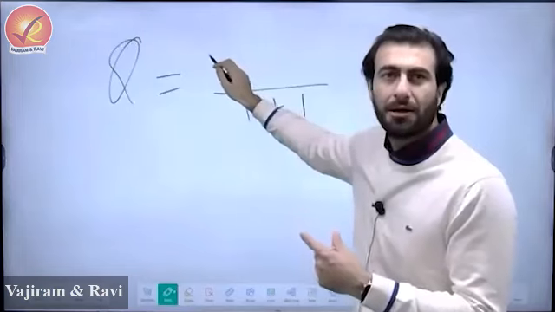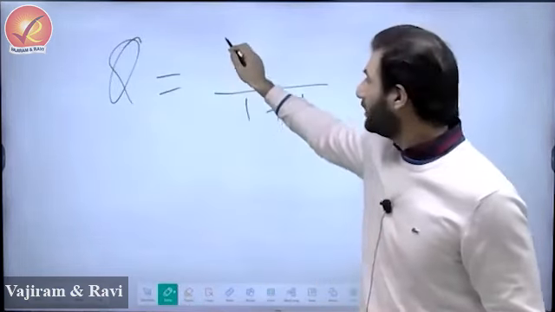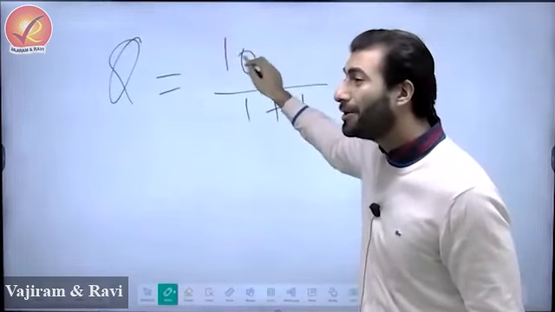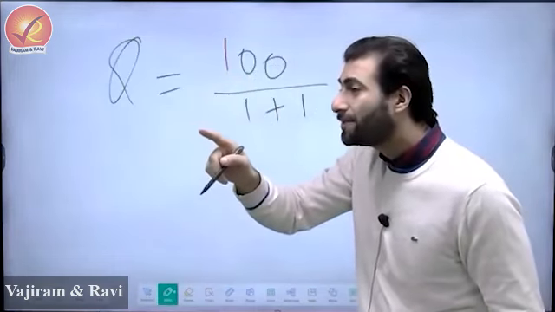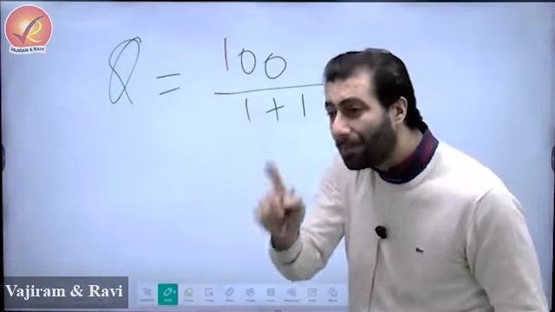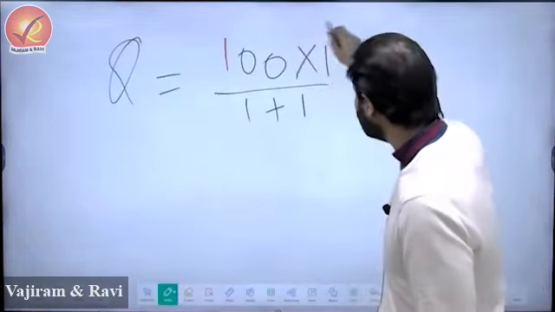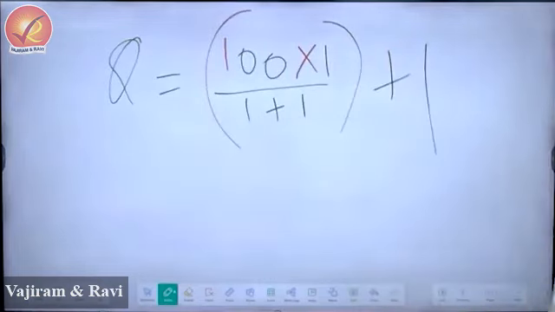Pay attention here. When you write in the numerator total number of valid votes, it is 100, not because 100 is the number of electors. It is 100 because 100 is the number of electors and each one of them has got a vote value of 1.